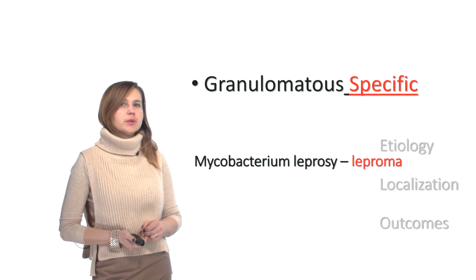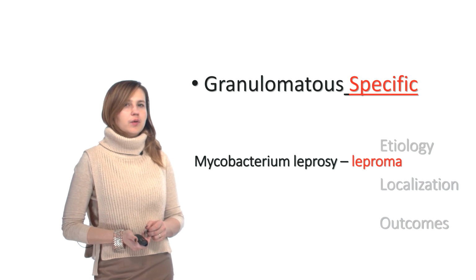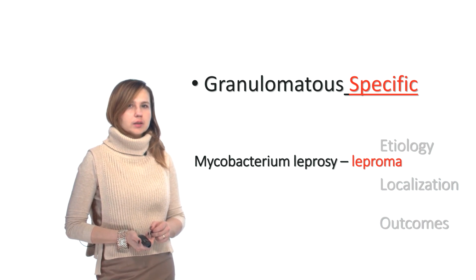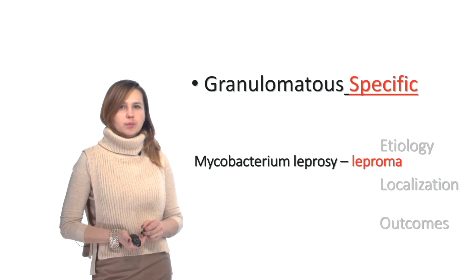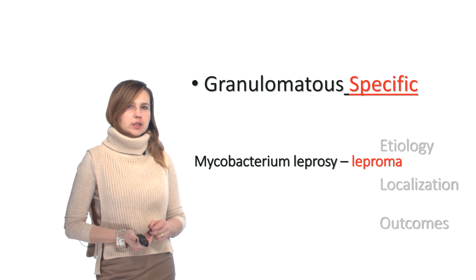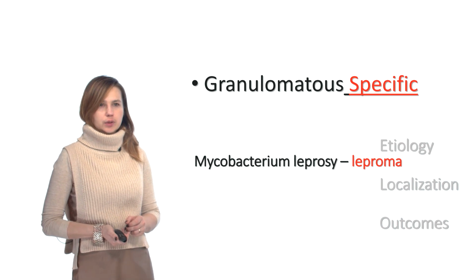lepromatous leprosy, with a low resistance of the host organism. The tuberculoid form of leprosy is clinically benign and sometimes self-healing on the background of marked cellular immunity. There are limited skin lesions such as papules and plaques with subsequent depigmentation. Changes in the internal organs are not typical.